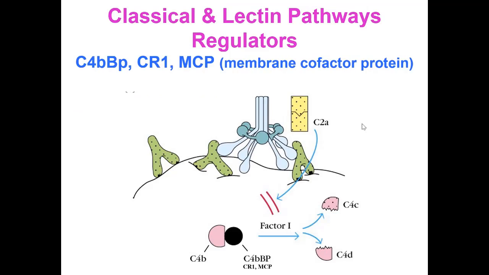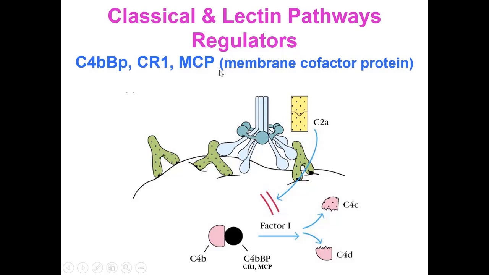In this slide you can see the regulators of the classical and lectin pathways. These regulators act just on classical and lectin pathway activation: C4b binding protein, complement receptor 1, and membrane cofactor protein.